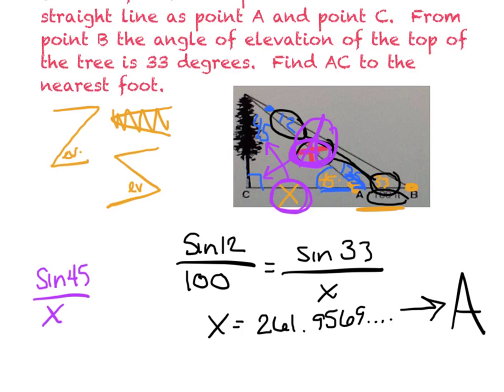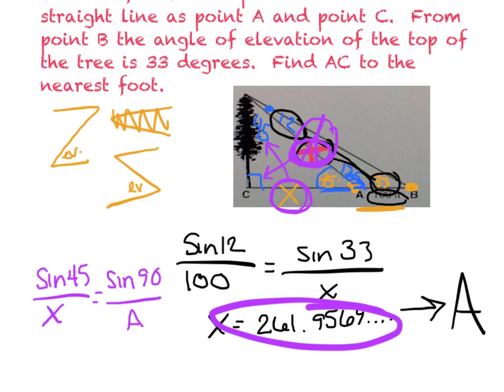And let's say the sine of 90, which is across from alpha A that I just found, that 261 number. So again, pause it, try it on your own, see what you get, and we'll compare. I get an answer of, to the nearest foot, 185 feet. And there you have it, double triangle problem.